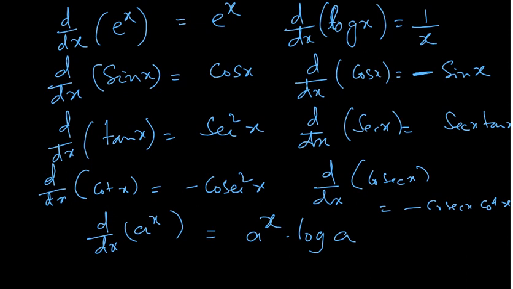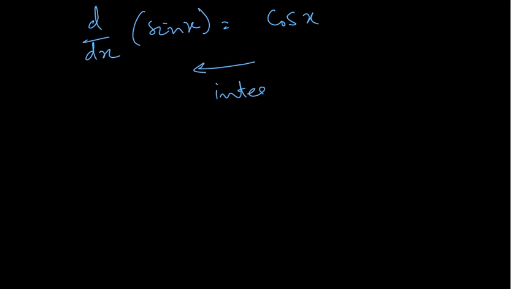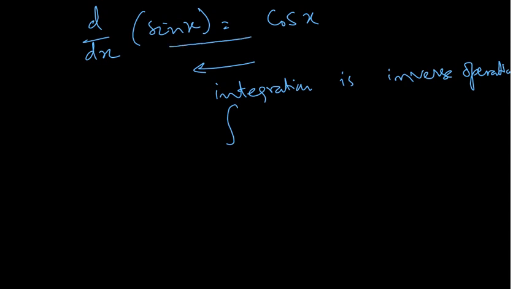Just like the way we have function and inverse function, for differentiation, integration is the inverse operation, and its symbol is this way. So d by dx of sin x is cos x, so integral of cos x will be the inverse, so it will be sin x.